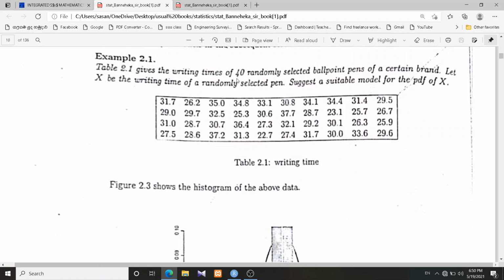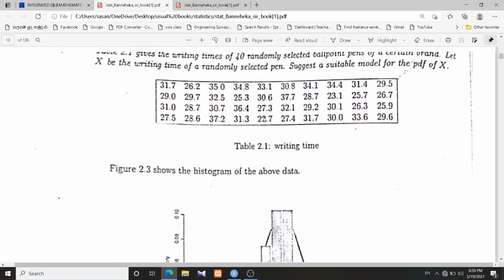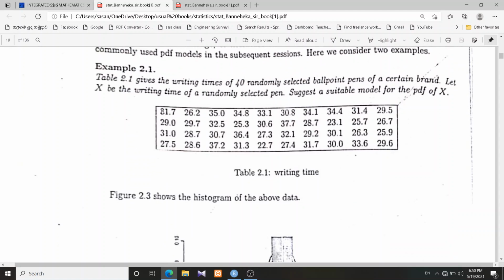Let X be the writing time of a randomly selected pen. Suggest a suitable model for the probability density function of X, right? With this data you are given only a sample, so how can we use this sample?